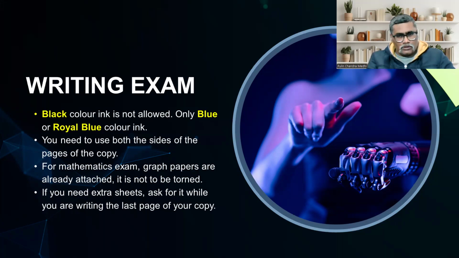Only blue or royal blue color will be used. Of course, I must say black color can be used for underlining or marking certain quotations if you want, but not for the bulk writing.